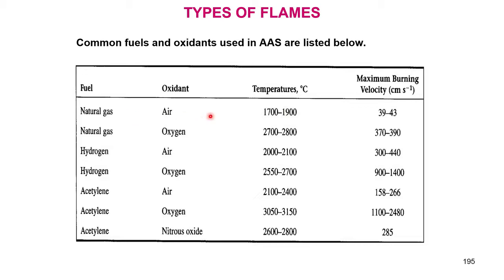And what I am getting here, natural gas, if I mix it with air, I get about 1700 to 1900 degrees centigrade. And what is the burning velocity? Natural burning velocity in centimeters per second, that is how it is expressed. It is about 39 to 43 centimeters per second. That means the flow of the combined air and natural gas should be 39 to 43. Below this it will not light, higher than this there is wastage.